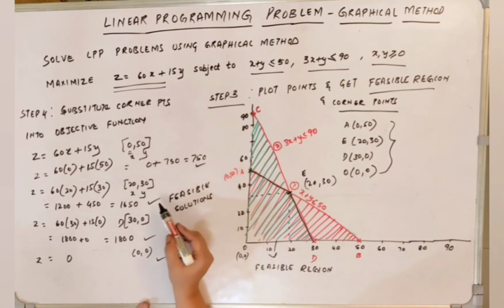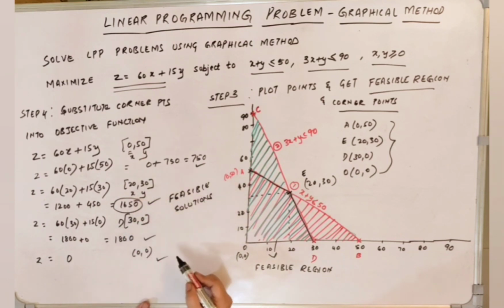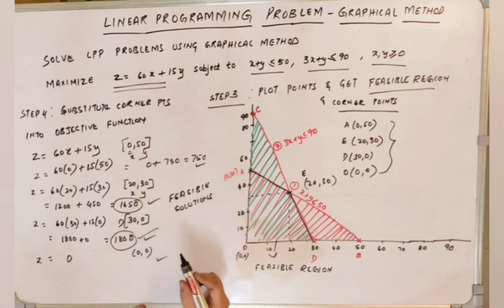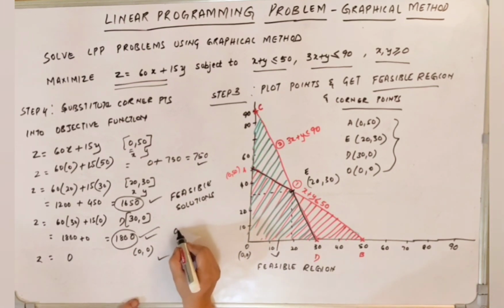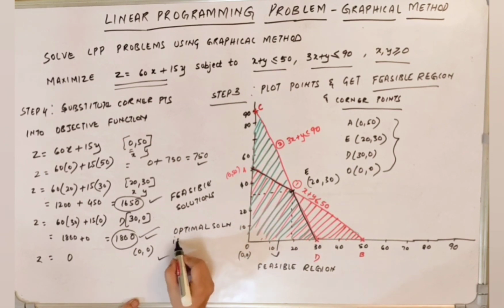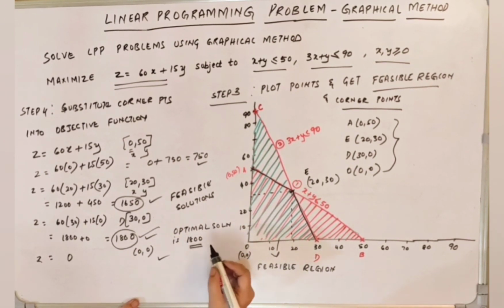Now, you have 750, 1650, 1800 and 0. So which is the maximum? Sorry, 1800 is the maximum one. So we'll pick this as the biggest. So our optimal solution is 1800. And what are the values of x and y?